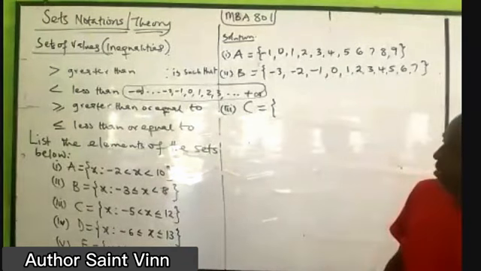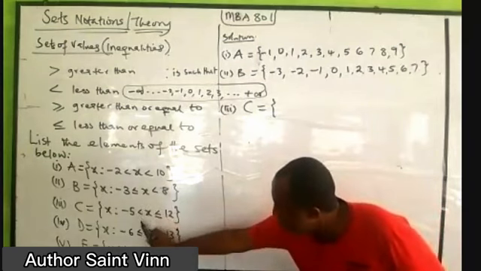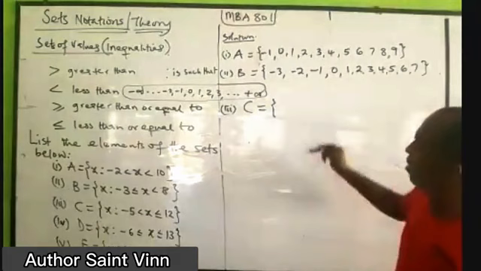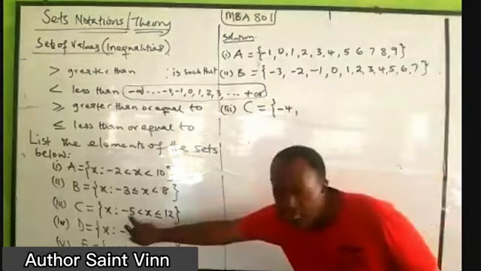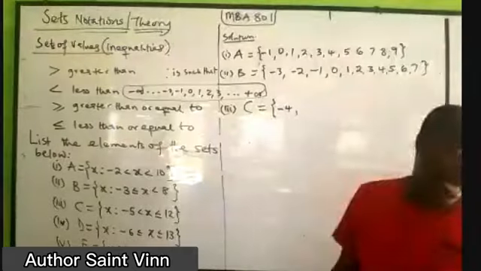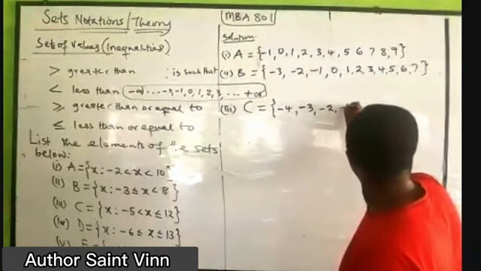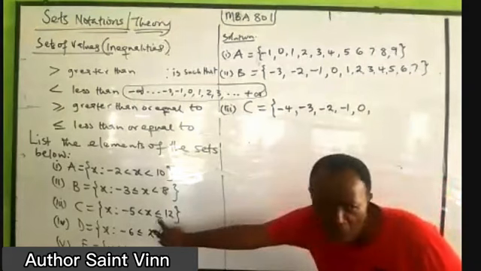Then, see, x is greater than minus 5. If x is more than minus 5, the next number will be minus what? We can't use this, because there's no line here, no equal sign there. So minus 3, minus 2, minus 1, 0, up to the number that says less than what?